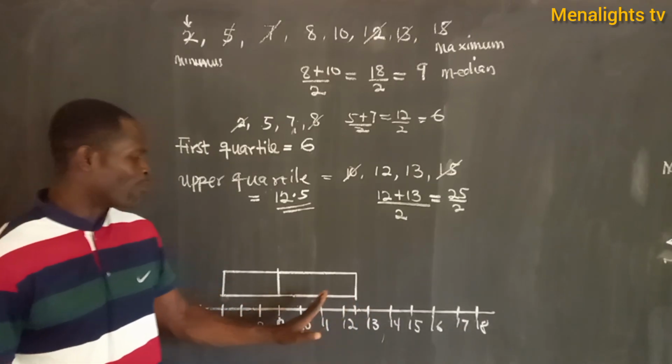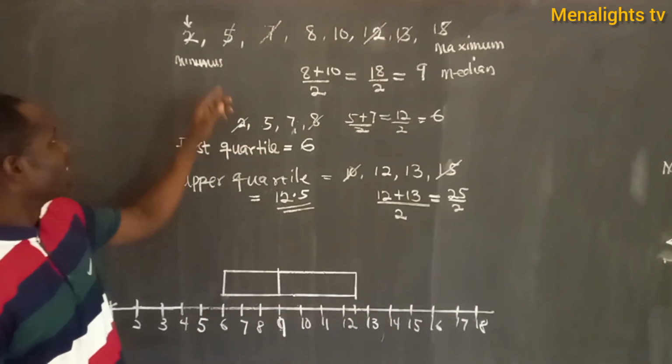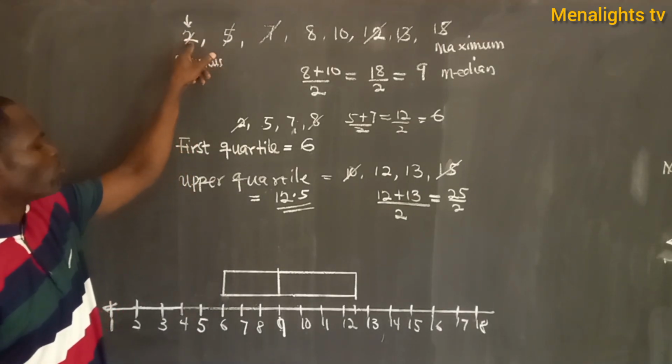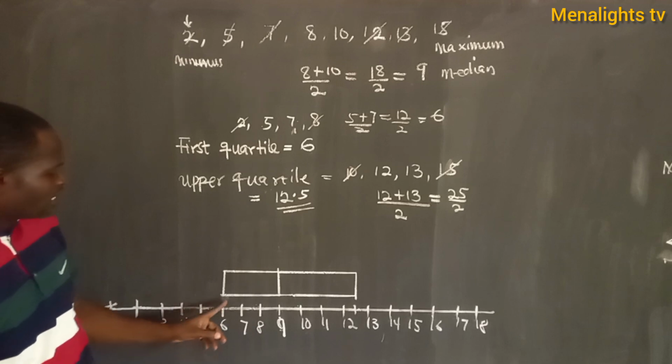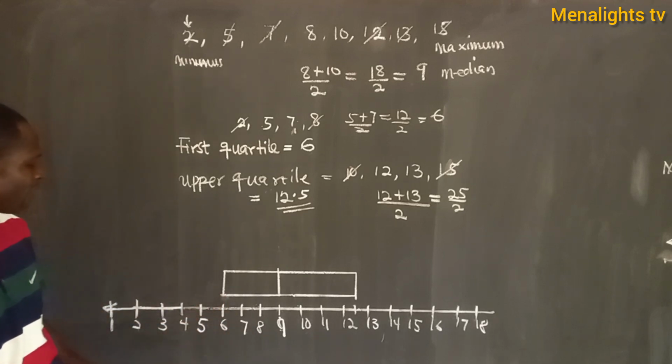So now that we have our box, we have to draw our whisker. First, the minimum number here is 2. So you have to draw from the first quartile, or the lower quartile, to where we have 2.